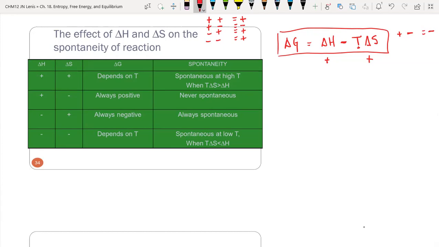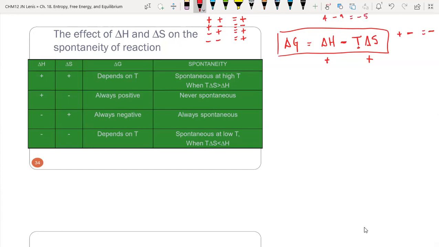For example, let me give you real numbers so you don't get confused. Let's say 4 minus, this is positive, minus 9. What is the result? Minus 5.